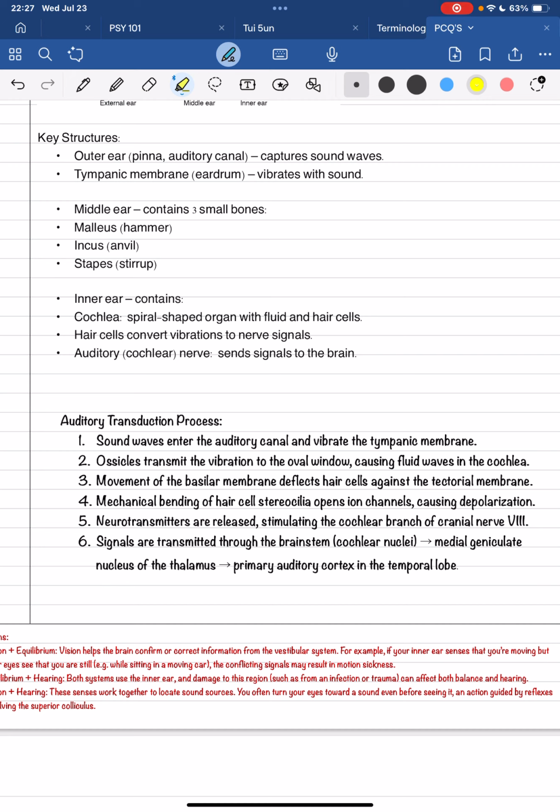Mechanical bending of hair cells, stereocilia, opens ion channels, causing depolarization. Neurotransmitters are released, stimulating the cochlear branch of the cranial nerve, and then signals are transmitted through the brainstem, medial geniculate nucleus of the thalamus, and the primary auditory cortex in the temporal lobe.